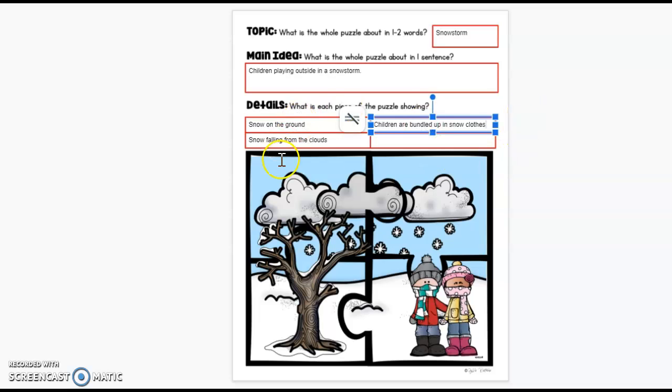And look at the trees. The trees have snow on them. So trees are bare and have snow on them. Okay? So that's how we look at the entire picture and think about what it's all about.